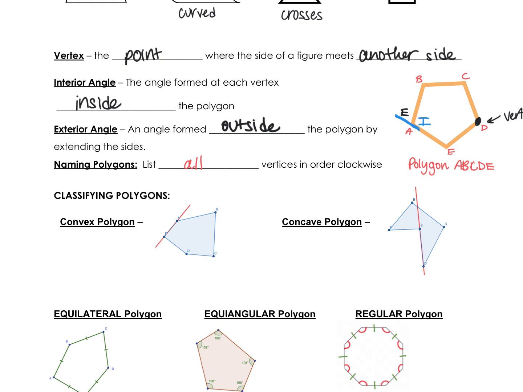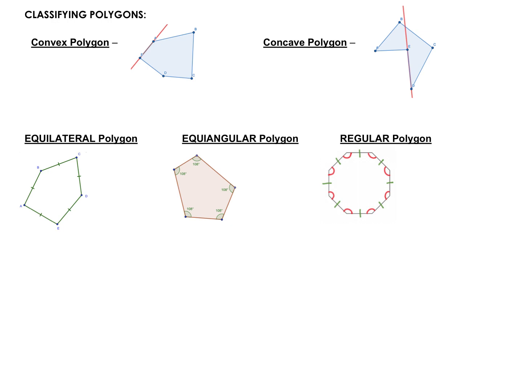Okay, let's talk about some other definitions. Convex, concave. Can you look at the pictures? And actually there are 5 here: convex, concave, equilateral, equiangular, regular. Can you discuss at your table what you think these mean? Okay, convex. What do you notice about the vertices on a convex polygon?